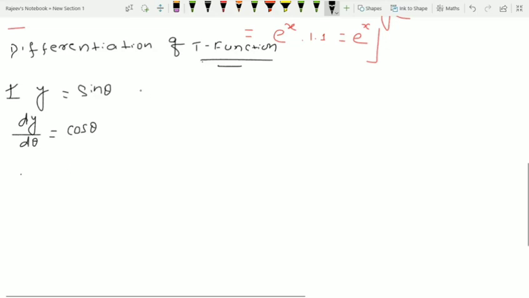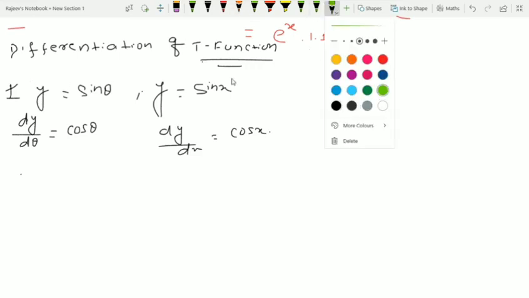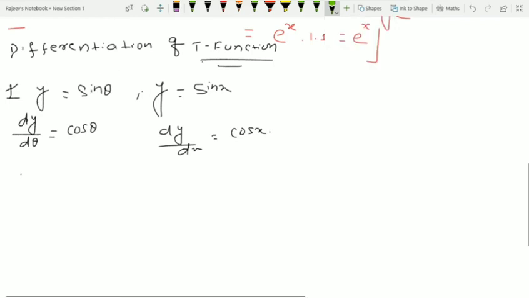In the same way, if y is equal to sine x, its dy by dx will be cos x. So this is the first formula to find the differentiation of sine theta, or sine x.